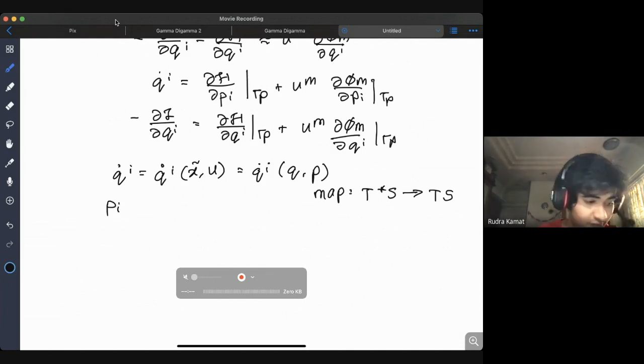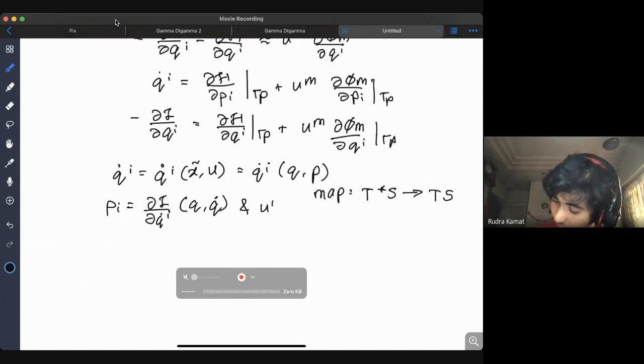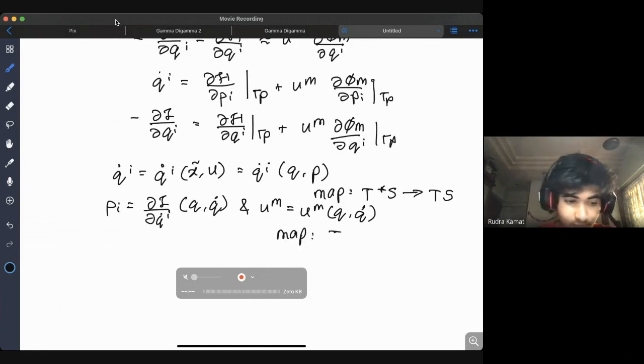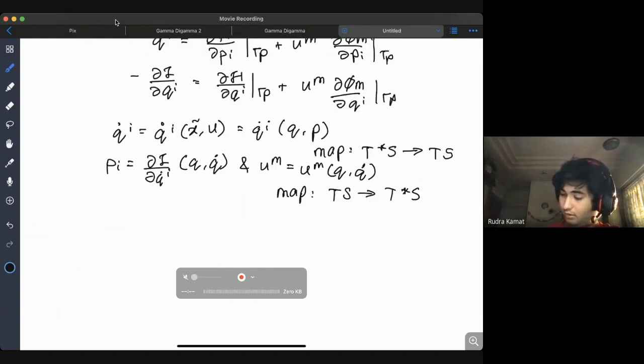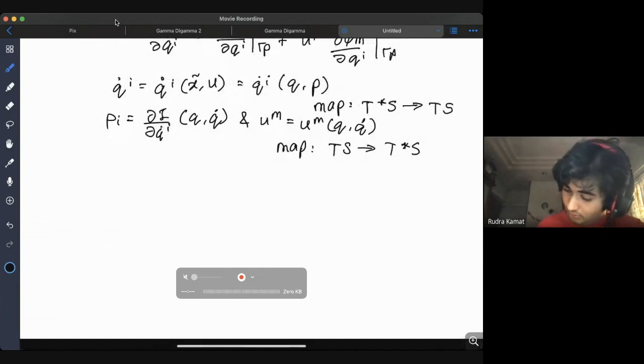And just for the sake of completion, p_i, which is a function of q and q dot, is a map from tangent space to cotangent space. This is all too abstract, but I will give examples later on.